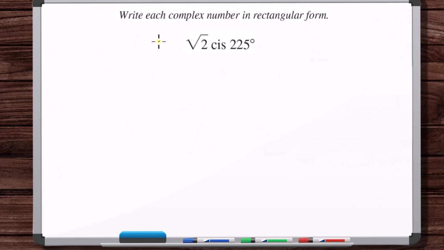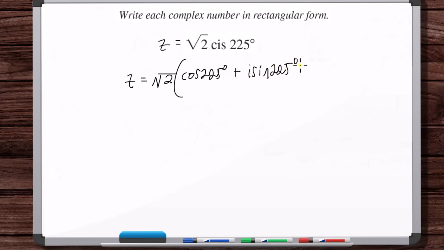Okay, so this complex number, we've got root 2 times cosine of 225 plus i sine of 225. So 225 is in the third quadrant with reference angle 45 degrees.